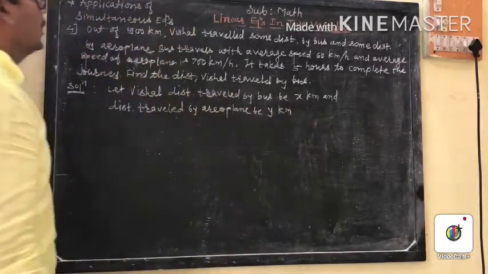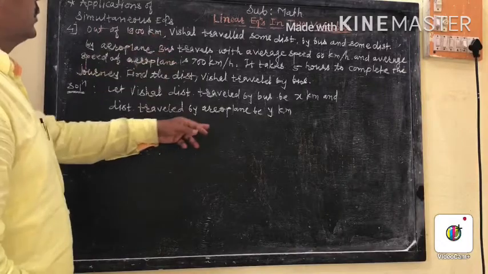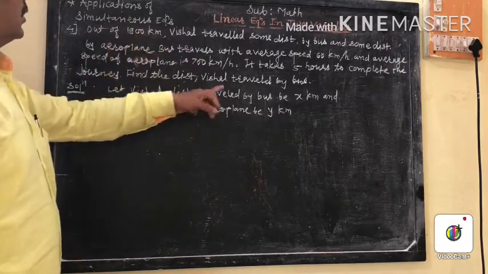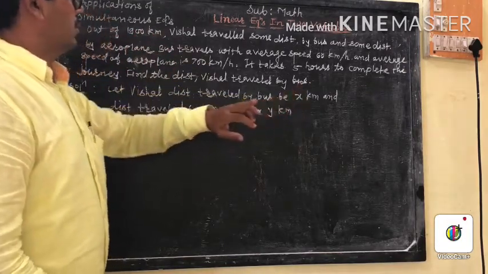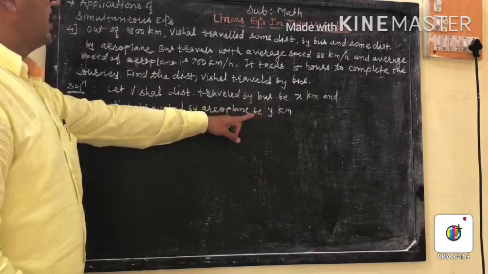Out of this distance of 1900, x kilometer is by bus and y kilometer is by aeroplane.